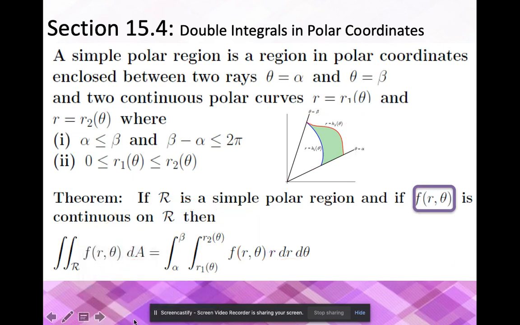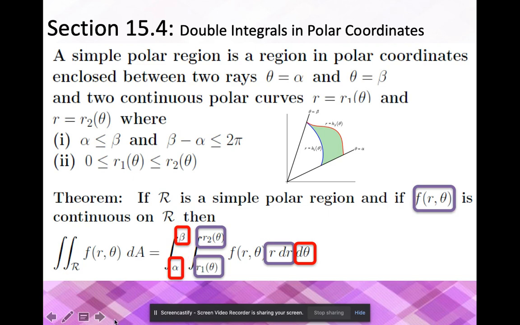Oh, I forgot that I highlighted some things, like don't forget with some boxes. Your function needs to be in terms of r comma theta. If it's not, you have to transform it. Your dA really is r dr. And then your inside limits of integration are r functions, r in terms of theta.